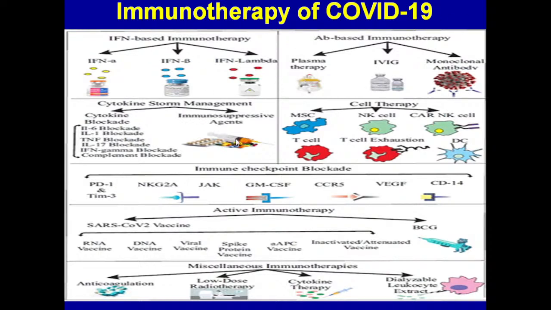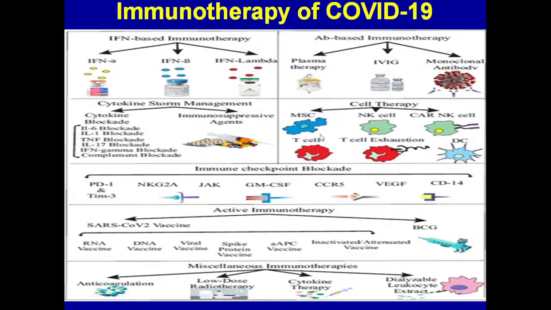Then in immunotherapy, we have the approach that is cytokine storm management. So what does it mean? It means we may act in two ways. First way, we may block cytokines. These types of cytokines are supposed to be blocked: IL-6, IL-1, IL-17, tumor necrosis factor, interferon gamma, and we may also perform complement blockage.